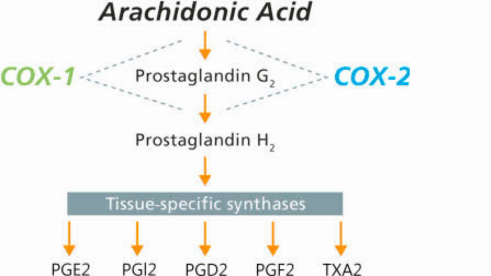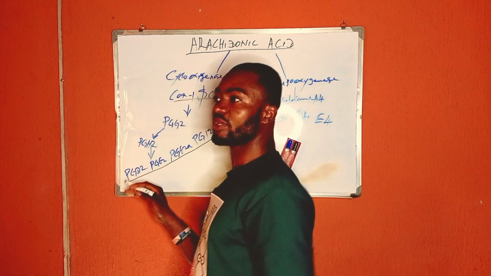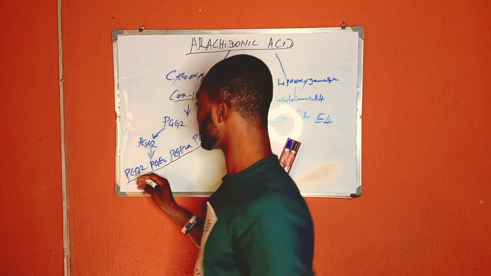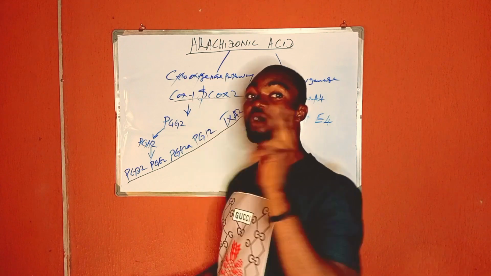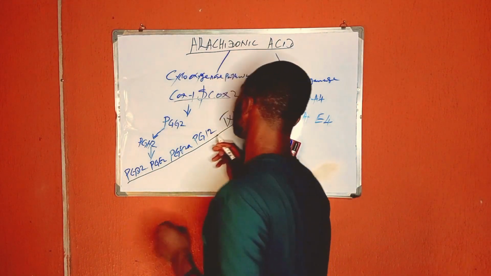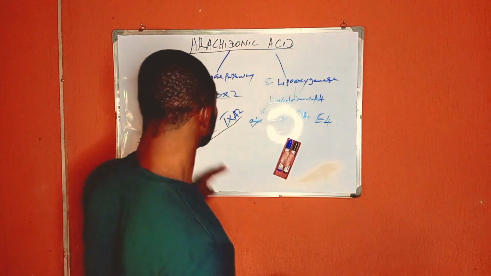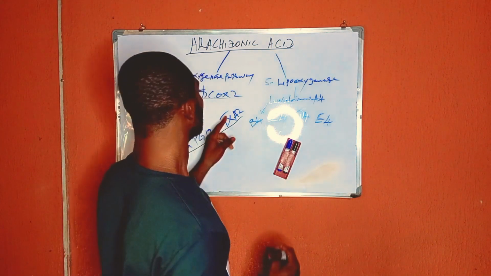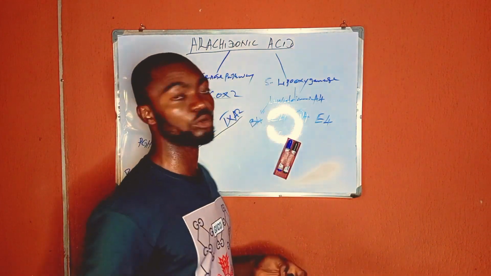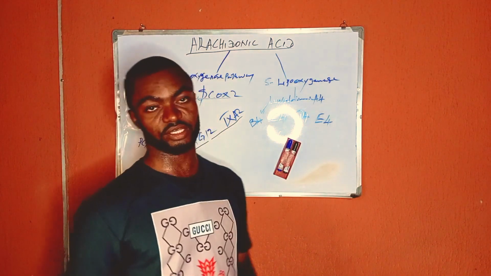And here is where it produces the prostaglandin D2, the prostaglandin E2, the prostaglandin F2 alpha, the prostaglandin I2, which is otherwise called prostacyclin, and TXA2, otherwise called thromboxane A2.